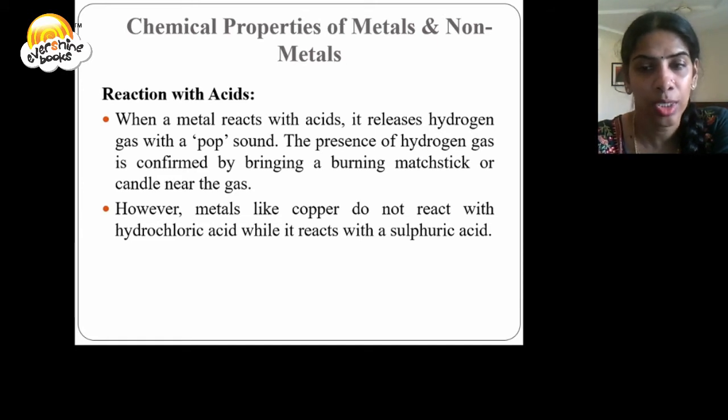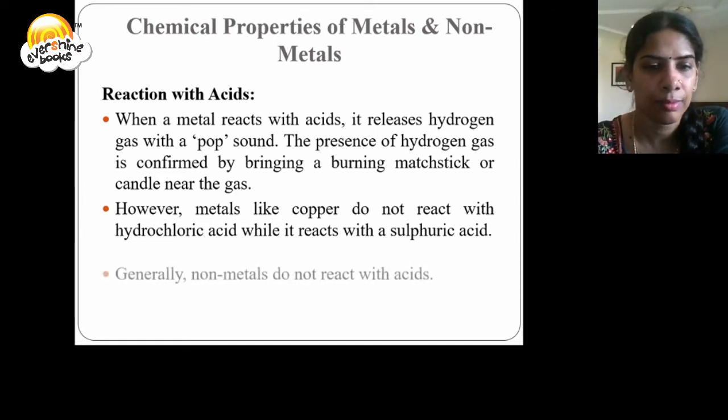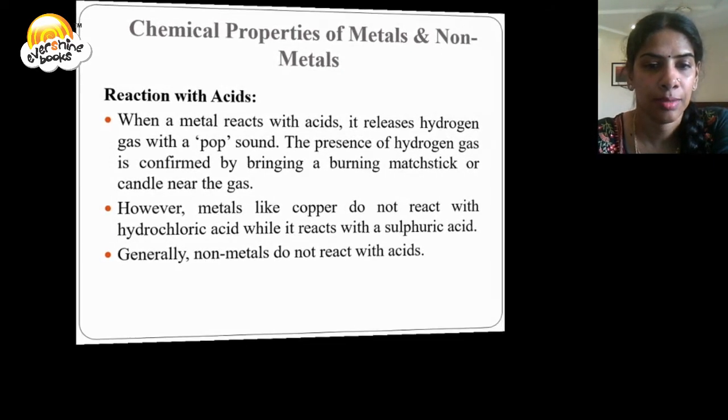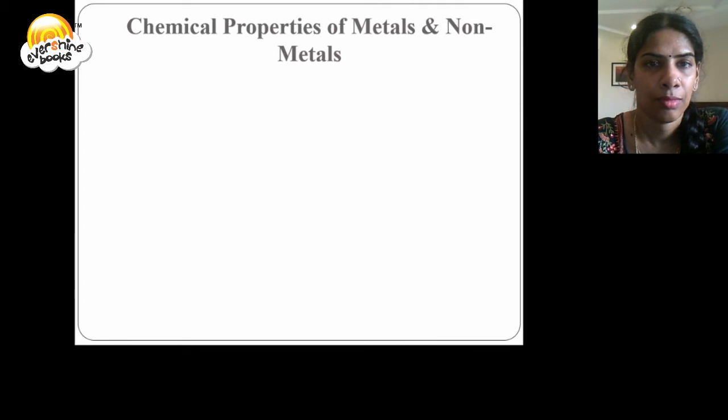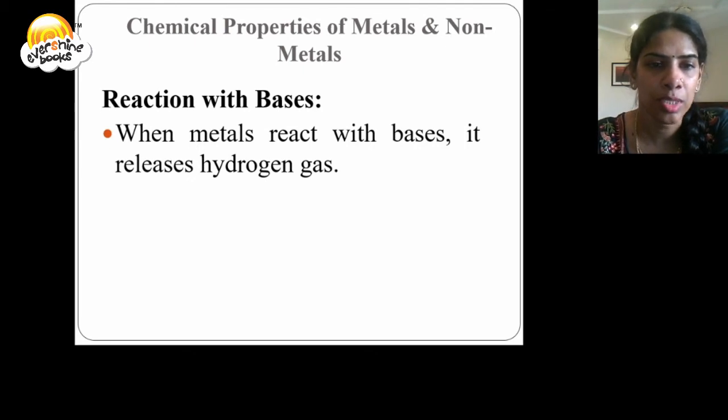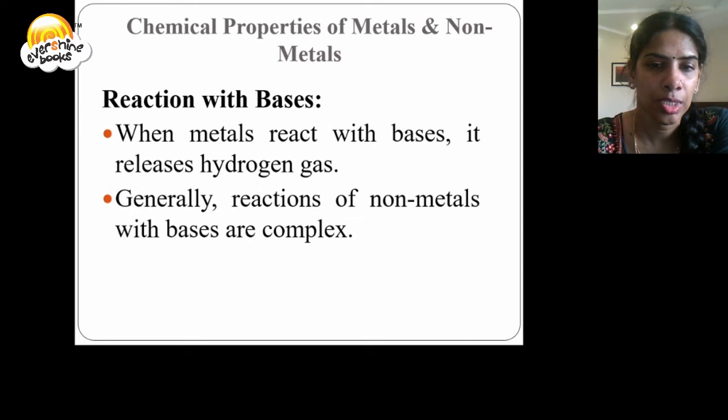However, it reacts with sulfuric acid. Generally, non-metals do not react with acids. The next property is the reaction with bases. When metals react with bases, they release hydrogen gas. Generally, reactions of non-metals with bases are complex.